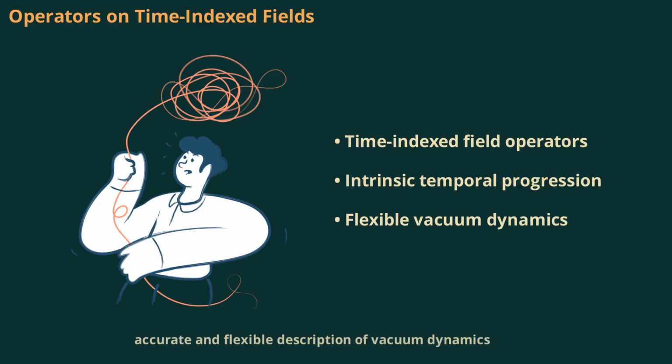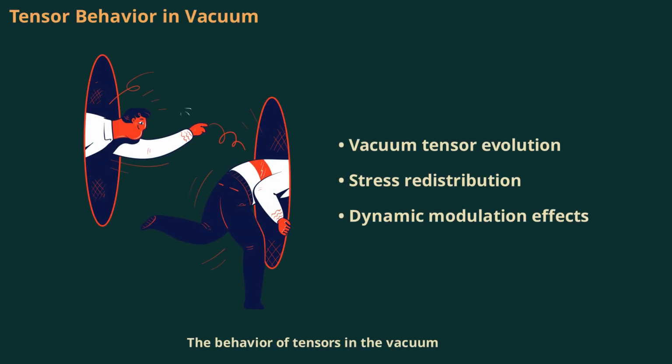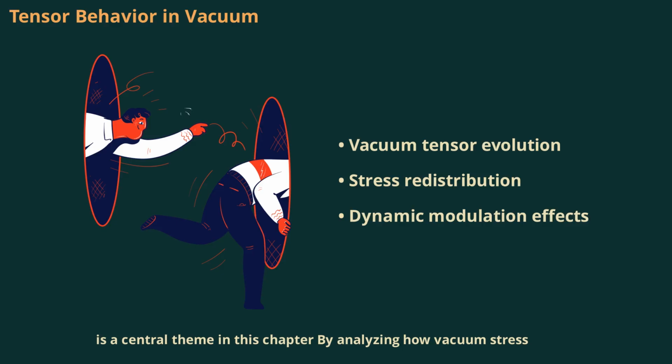This approach allows for a more accurate and flexible description of vacuum dynamics, which is essential for the development of advanced propulsion systems. The behavior of tensors in the vacuum is a central theme in this chapter. By analyzing how vacuum stress is redistributed through tensor evolution, the framework provides insights into the mechanisms that enable advanced propulsion.